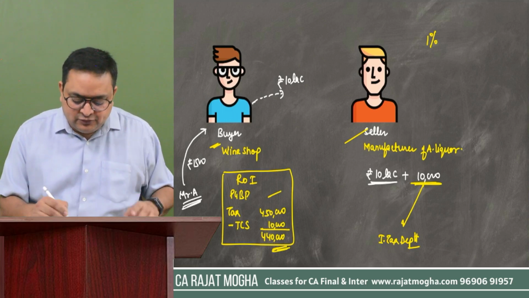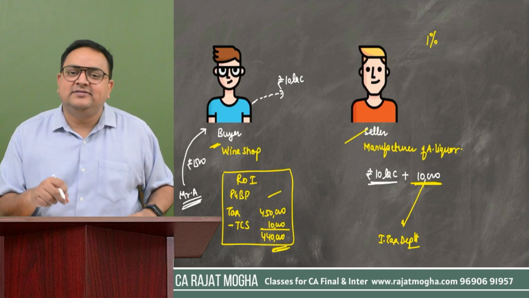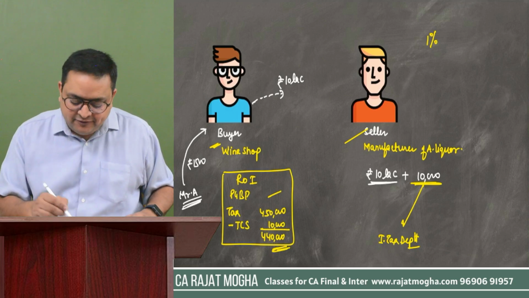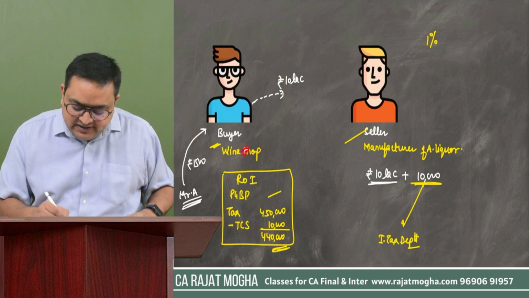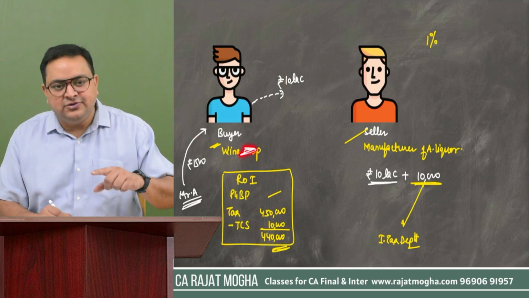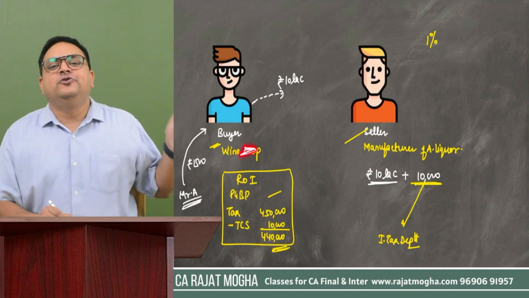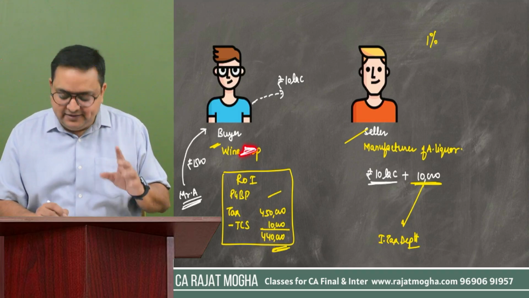So TCS will only apply in this section if the buyer is a dealer of such goods and will be further selling these goods only. Then TCS will apply, right? Got it?